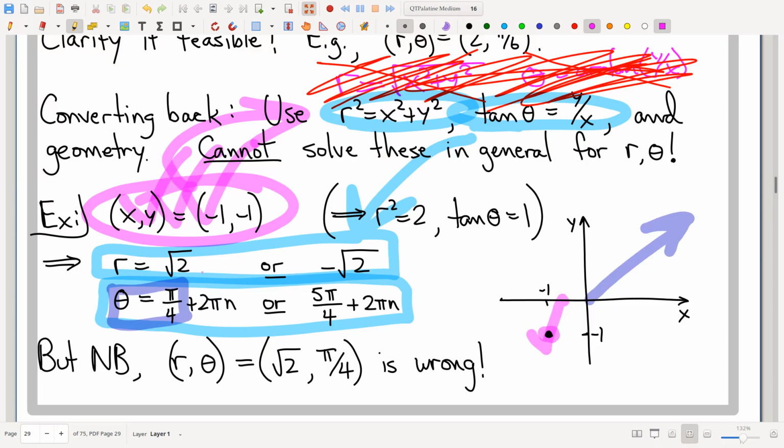Well, I need to pick the negative value. And that gets me where I want to be. Everybody good?